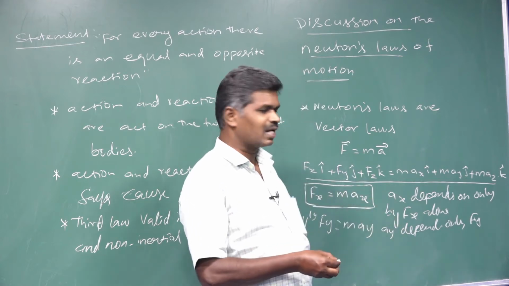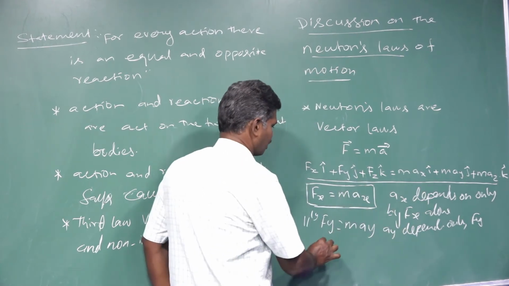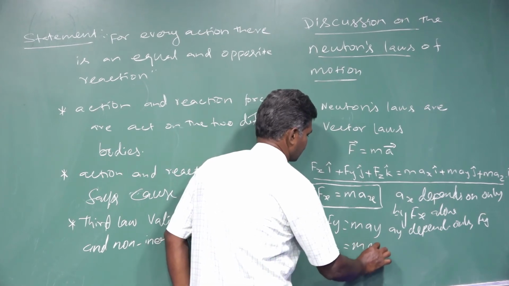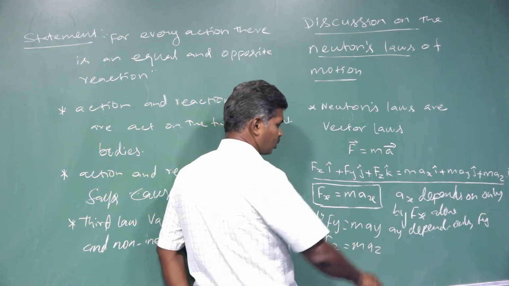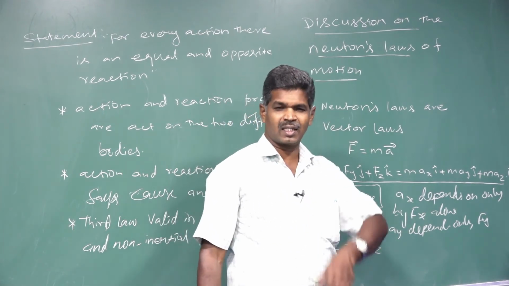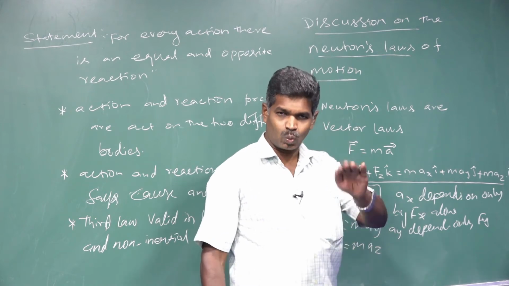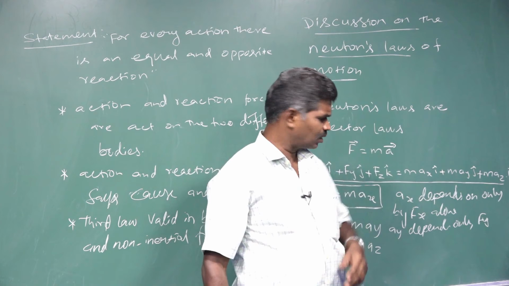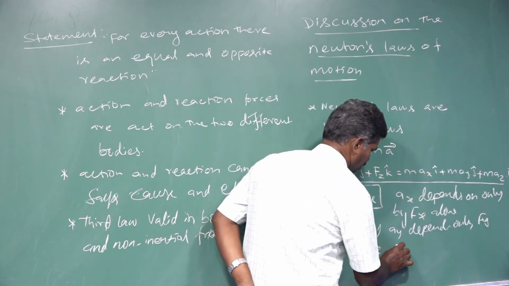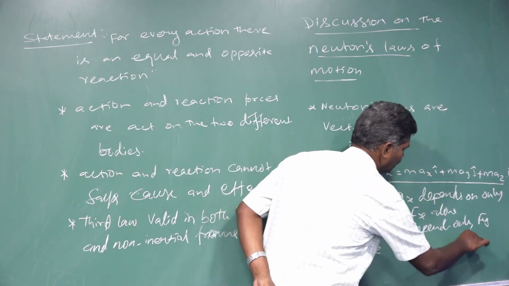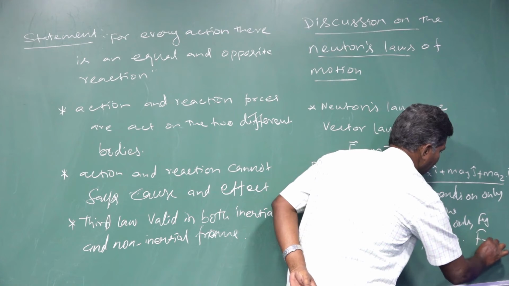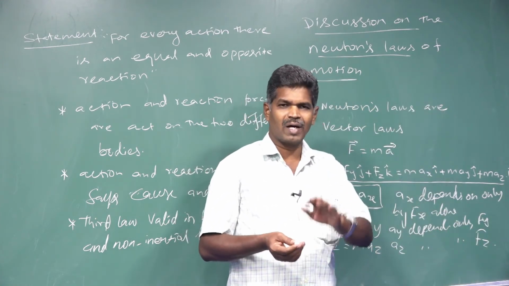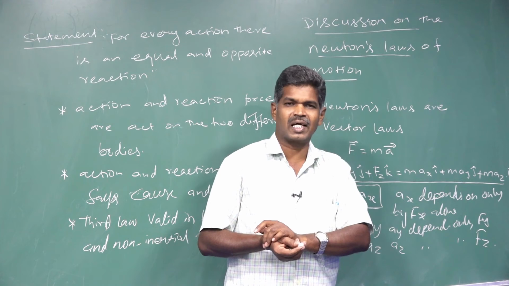And for the third axis, the z axis, we have fz equal to m az. Here also acceleration in the z direction depends only on the component of the force in the z direction. Az depends only on fz itself. Suppose you have acceleration in the x direction.